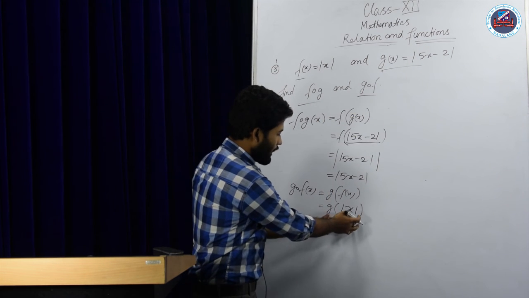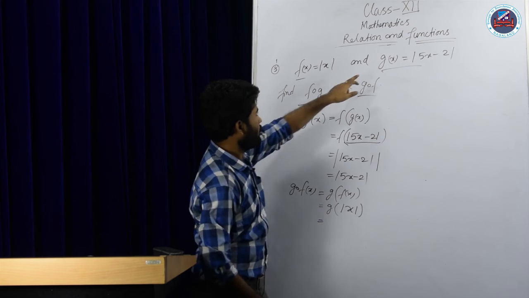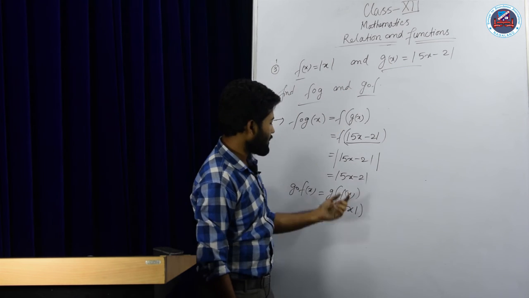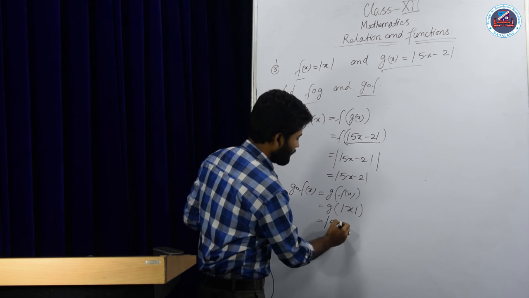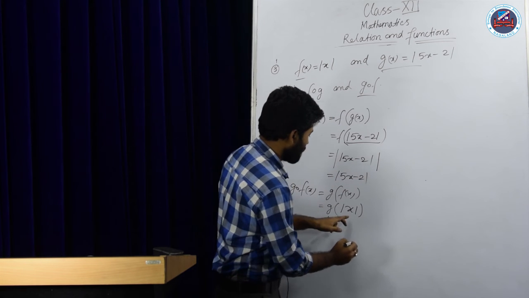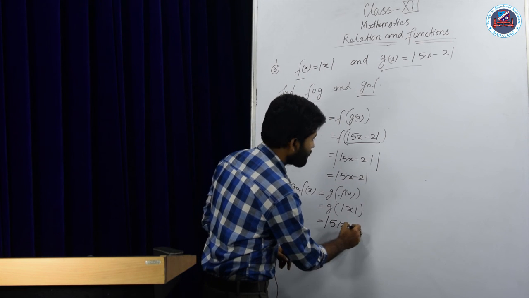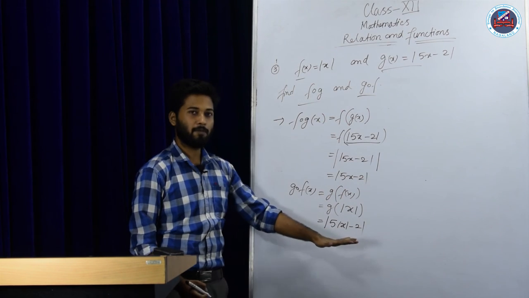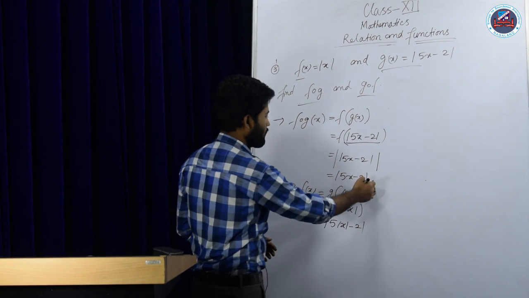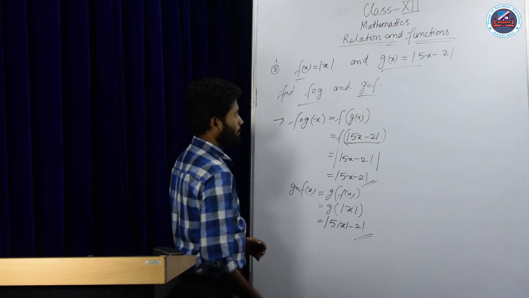But what we have here is g of mod x. So in place of this x, replace it by mod x. So what we shall have is 5 mod x minus 2. And we cannot do anything else here, so just leave it like that. Thus we have found out f of g and g of f.